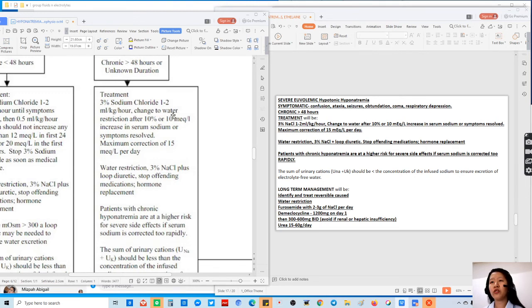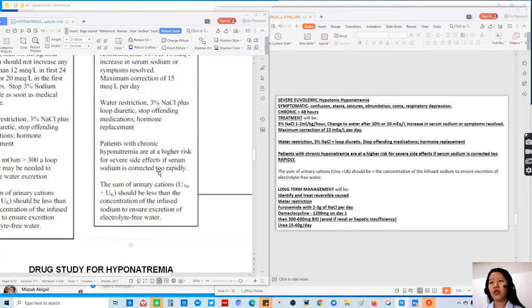Change to water restriction after 10 milliequivalents per liter increase in serum sodium or symptoms resolved. Maximum correction of 50 milliequivalents per day. Water restriction, 3% sodium chloride plus loop diuretic. Stop offending medications, hormone replacement.